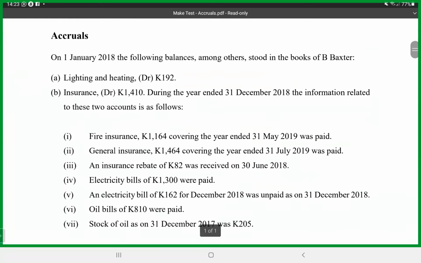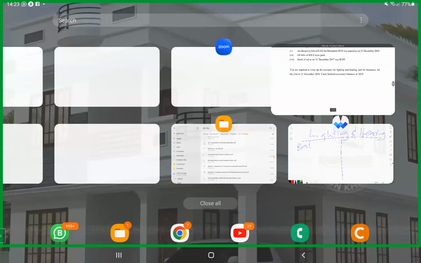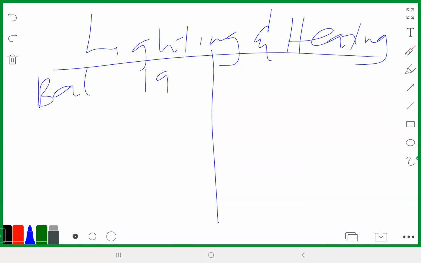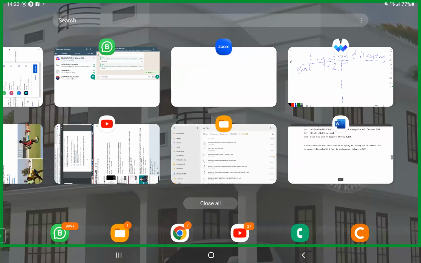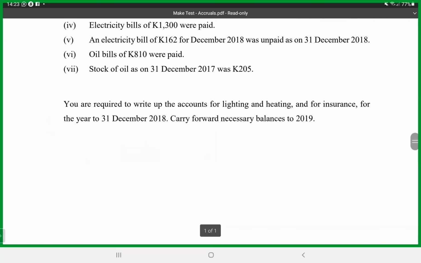The opening balance is 192 for the lighting. And we want to read anything that is related to lighting and heating, electricity, all those. So we are told that electricity bills of 1,300 were paid. So I relate the electricity bills to the lighting and heating of the company.